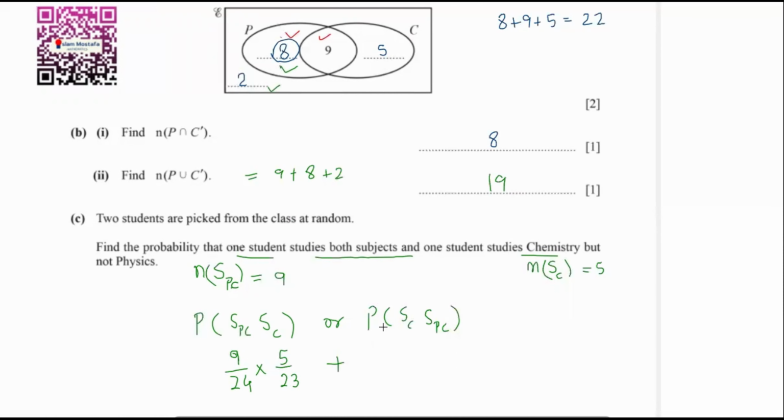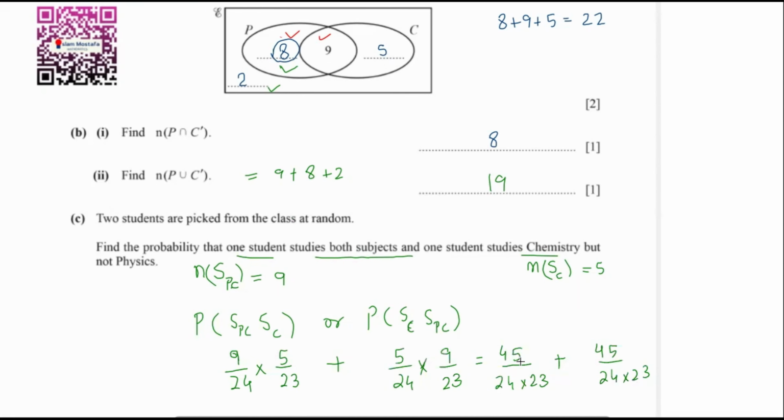And plus the probability of a student who studies chemistry only: total number of students 5 out of 24. And next, when one student is selected, the remaining students become 23, and the students who study physics and chemistry will be 9. Now we can write it as 45 over 24 multiplied by 23 plus 45 over 24 multiplied by 23.